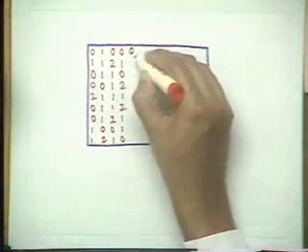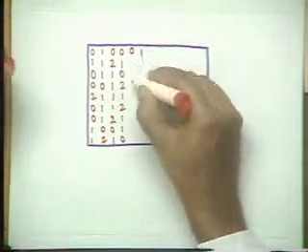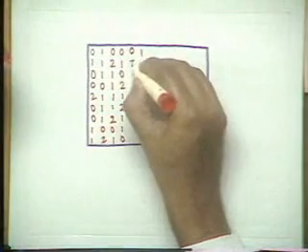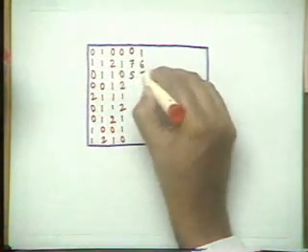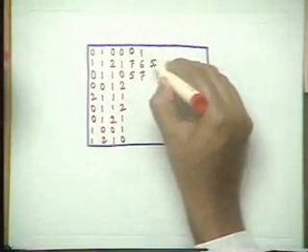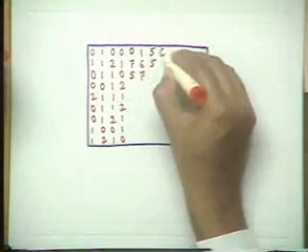0, 1, and now we have 7, 6, 5, 7, 5, 5, 6, 7.